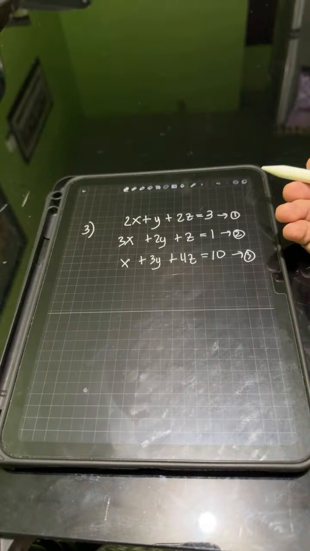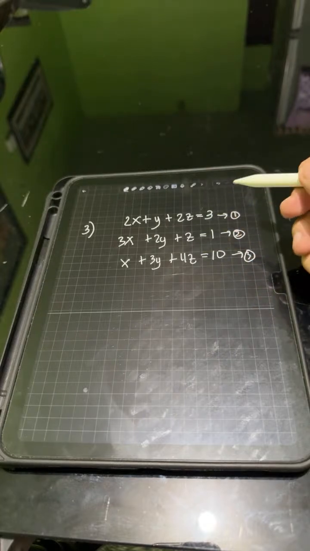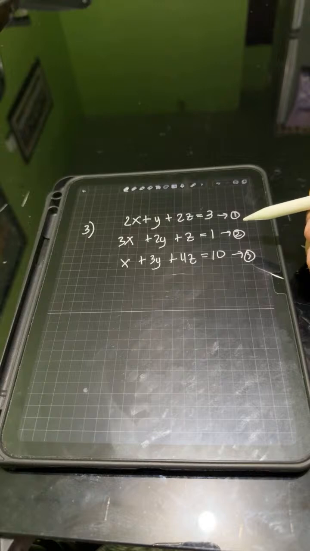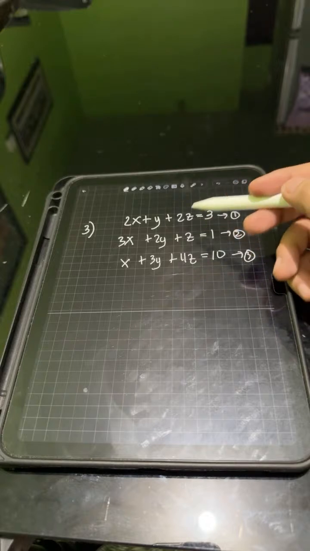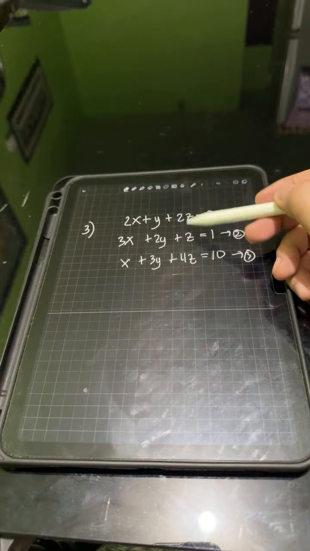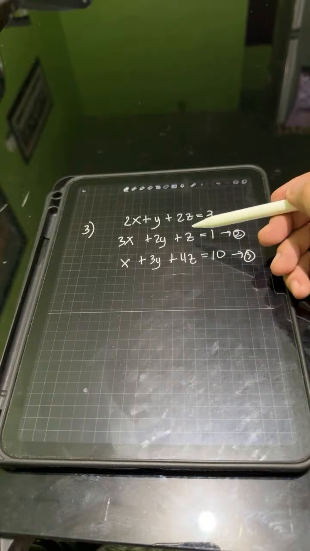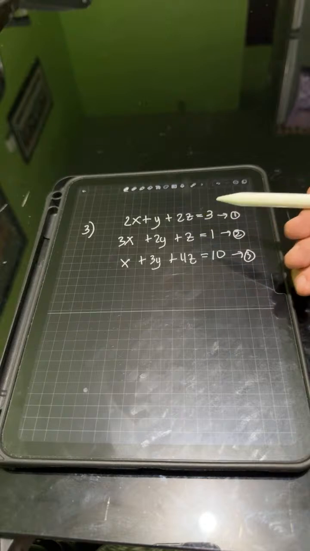If you want to eliminate the z variable first, using equations 1 and 2, you can either make the coefficients of z in equation 1 and equation 2 the same, or make them additive inverses of each other.